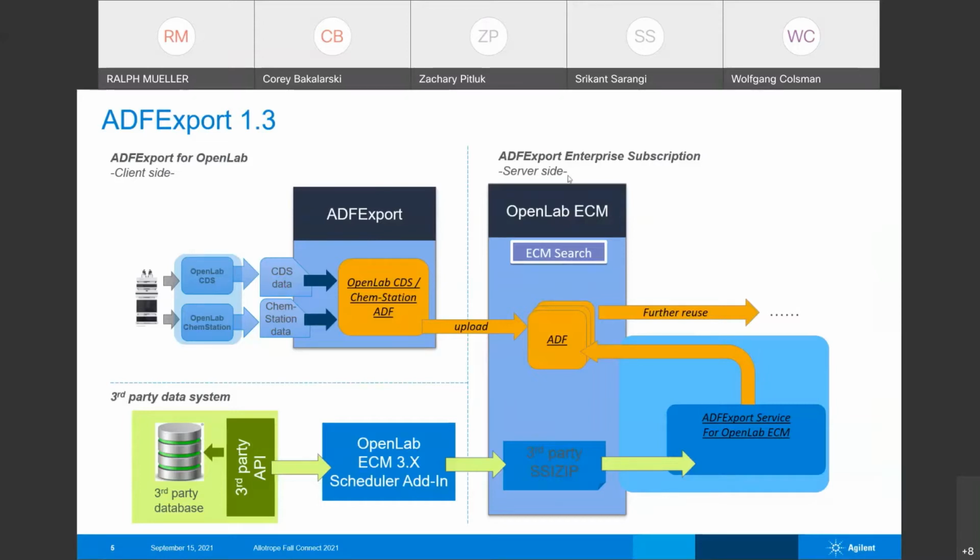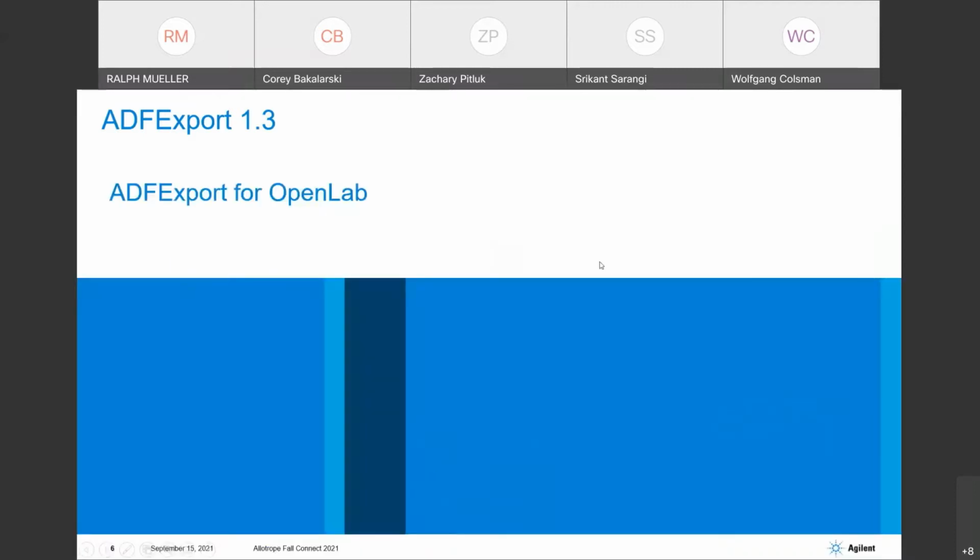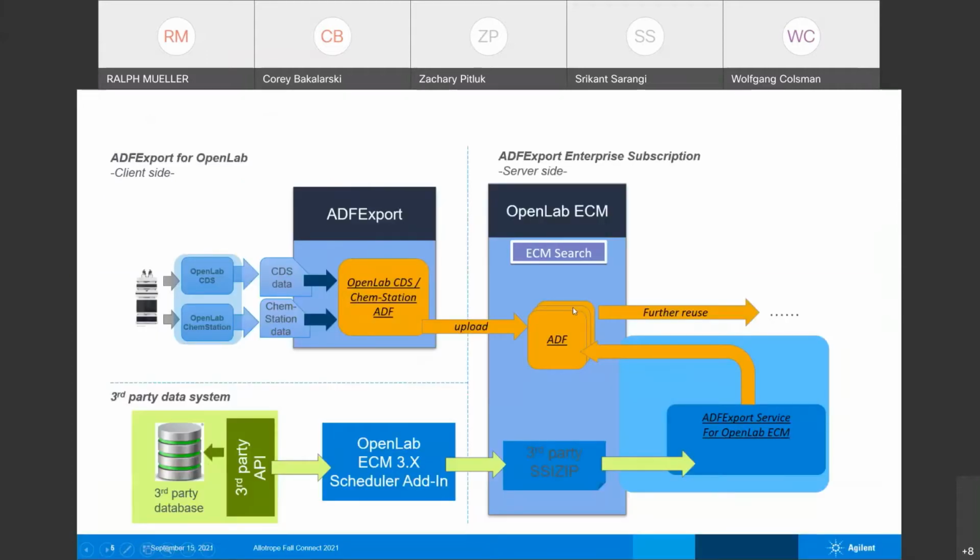The second part is on the server side, the ADF Export Enterprise subscription, which is mainly driven by the ECM, but the ECM has some additional modules. One of the very important ones is the OpenLab ECM scheduler add-in, where you can get data from different systems incorporated into the ECM. If we have a third-party system, we can take the scheduler to fetch this information and transport it from the third-party database into the ECM.